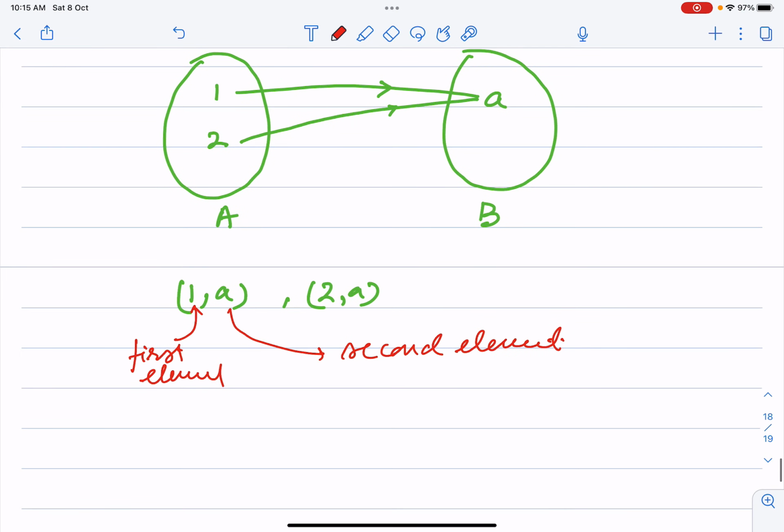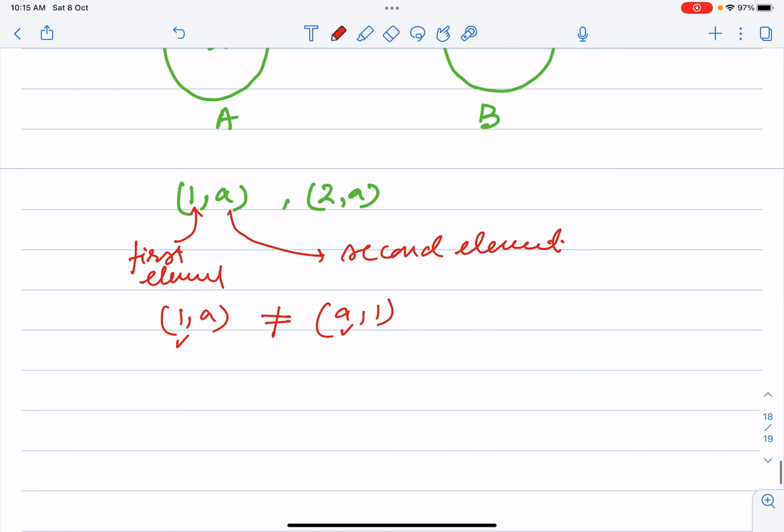Obviously (1, a) is not the same as (a, 1). Why? Because the first element over here is 1, while the first element over here is a. So if two ordered pairs are the same, that means the first element should be equal to the first element and the second element should be equal to the second element.